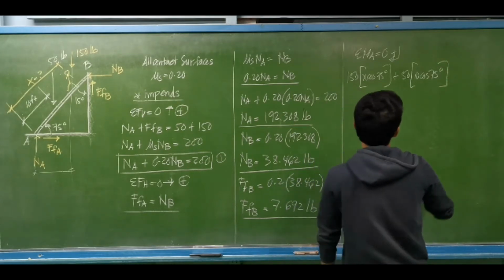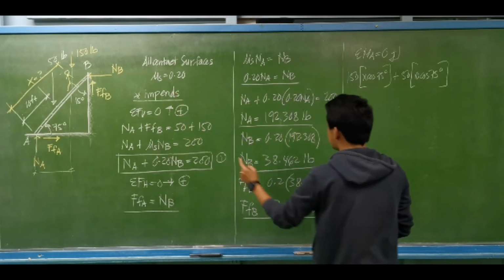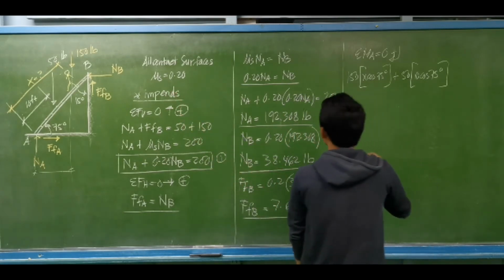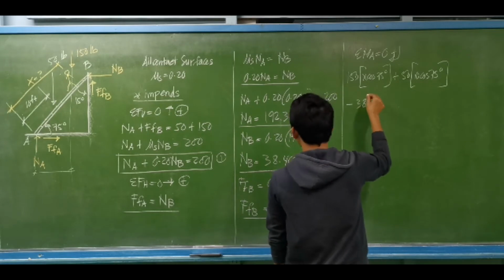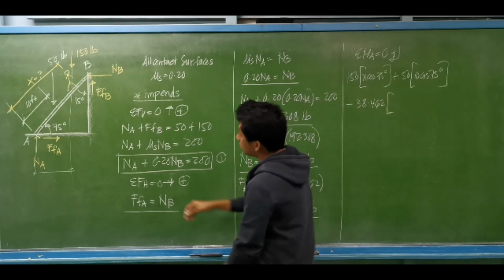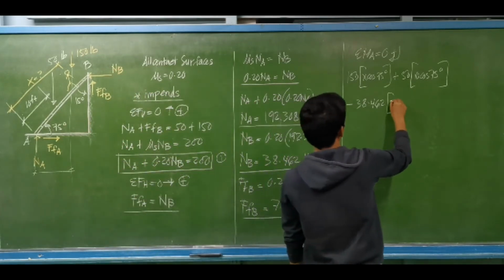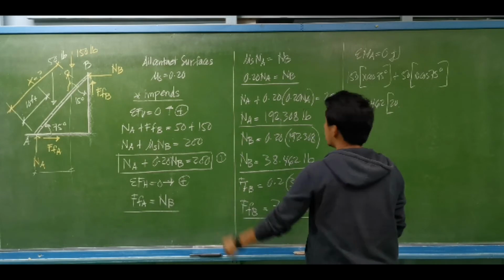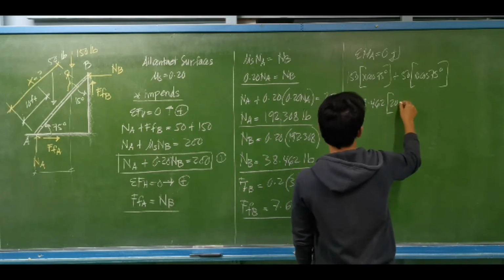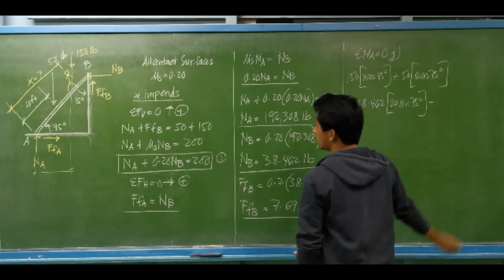Okay, then we proceed to the counterclockwise. Minus normal at B. Normal at B is equal to 38.462. Lever arm, what is this height? That is the same as 20. It's a 20 feet long ladder, so 20 sine of 75 degrees.